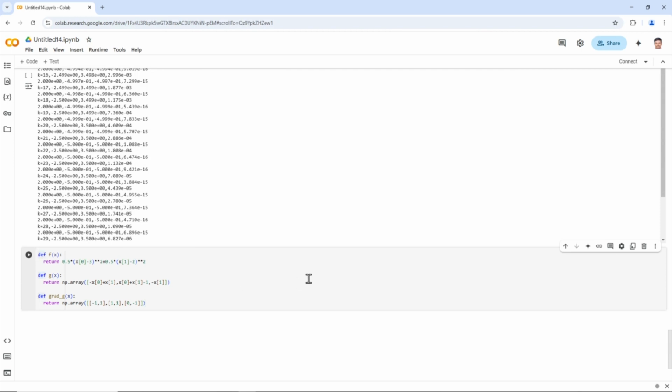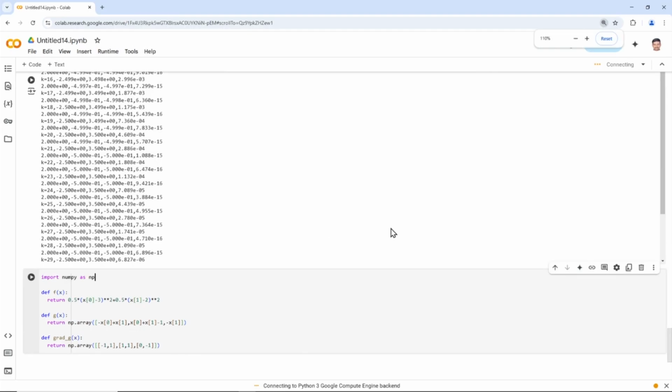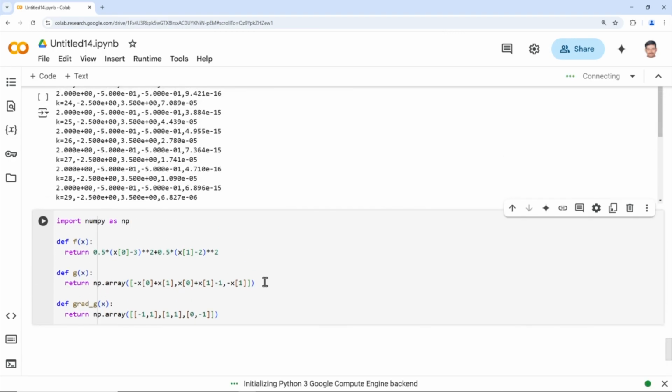Okay, so yeah, I can also import numpy, that will be required, and yeah, we can also include the name.